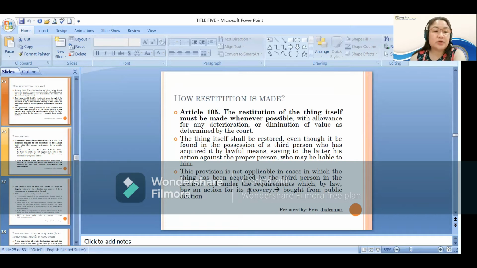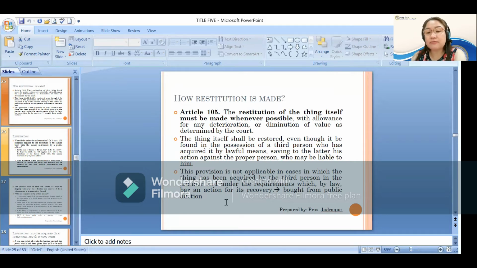The last paragraph would say that this provision is not applicable in cases in which the thing has been acquired by the third person in the manner and under the requirements which by law bar an action for its discovery.